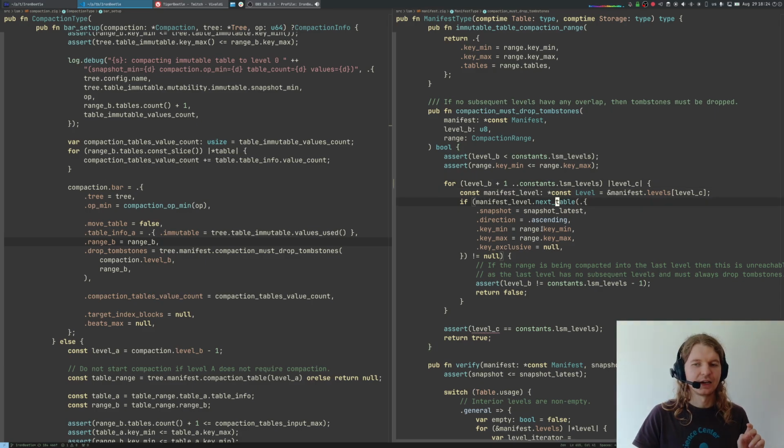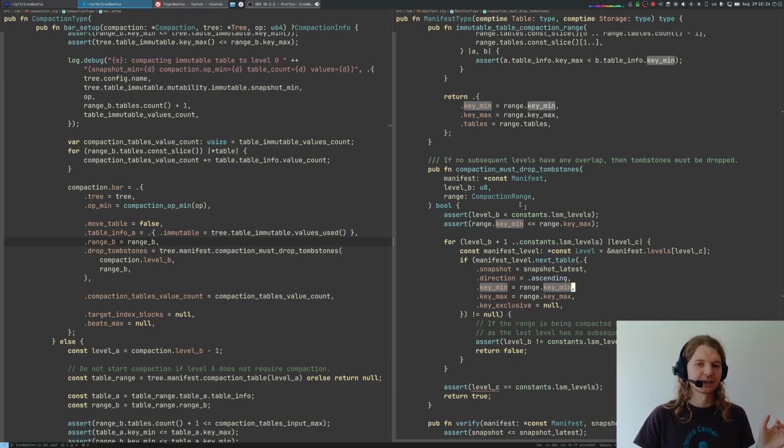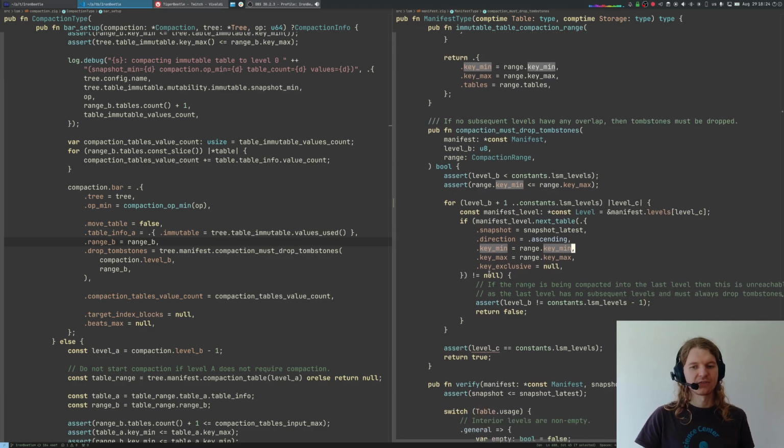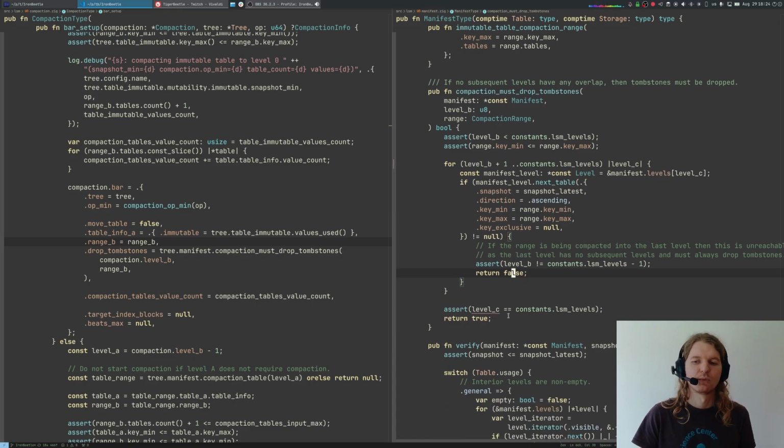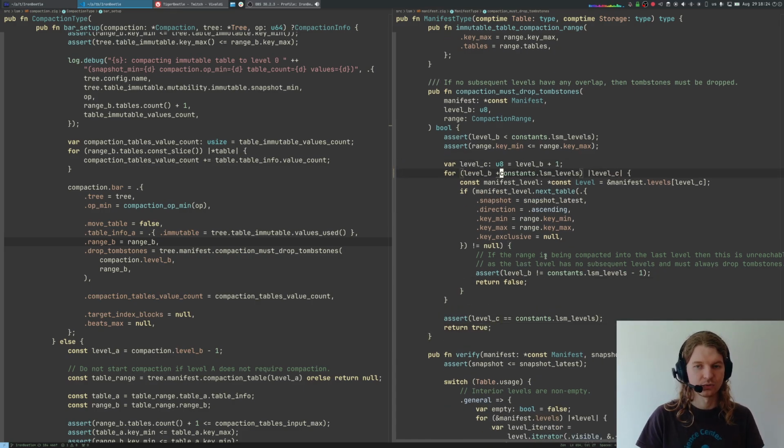And we try to find a table which intersects with our entire range of tables. If there is such a table, then our tombstones might shadow something, so it would not be safe to drop them, and we say don't drop tombstones. But if for all the levels below us there aren't any tables there, we could say feel free to drop the tombstones.